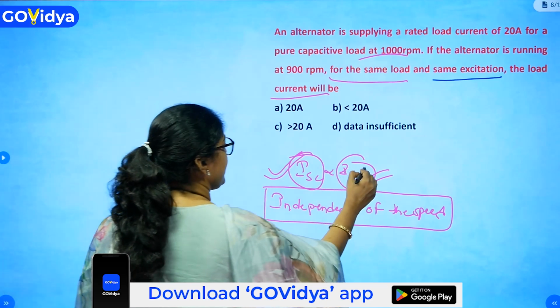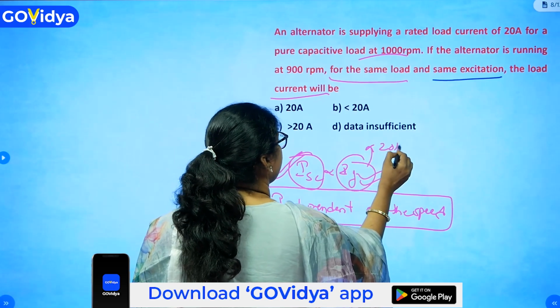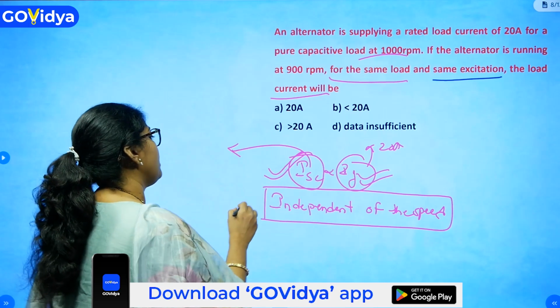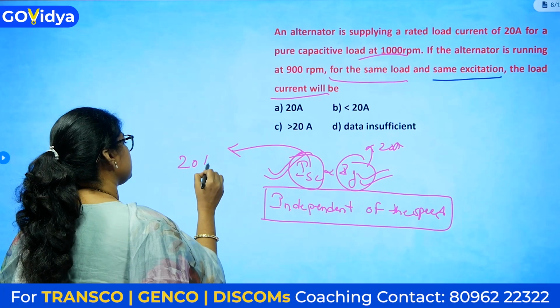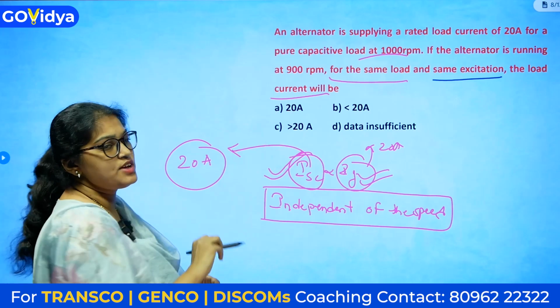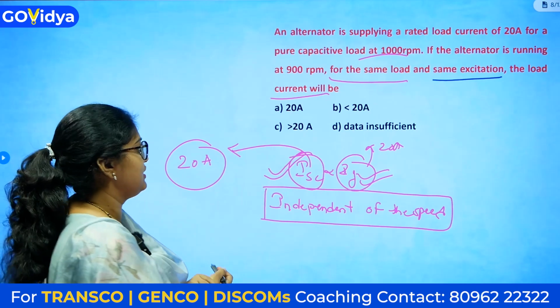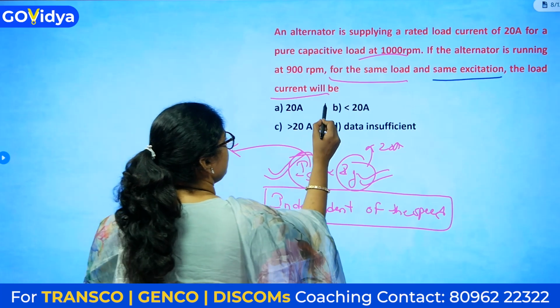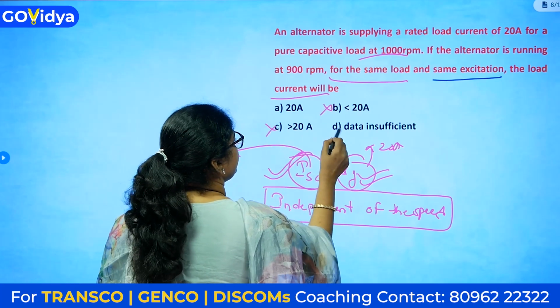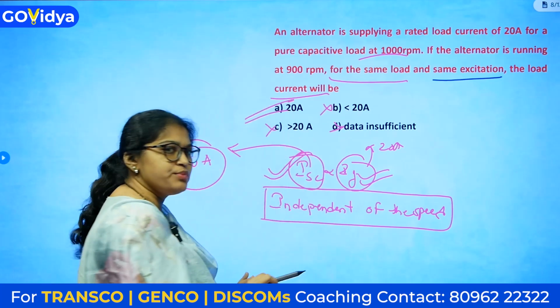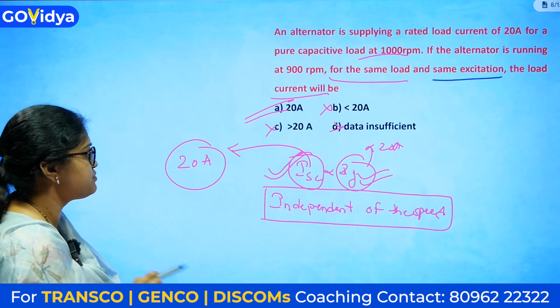So if this is 20 amperes in the question, definitely the short circuit current also will be 20 amperes. If in the question the excitation has changed, definitely the short circuit current also will change. Clear? So the answer will not be less than, greater than, or data insufficient. It will be 20 amperes only. Clear? So let's move to the next question.